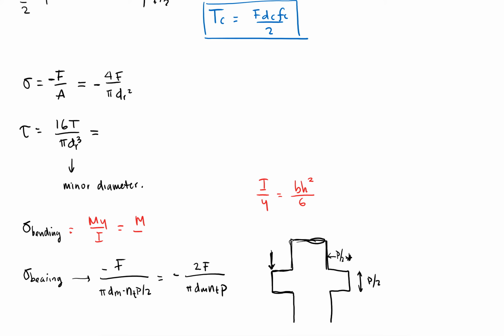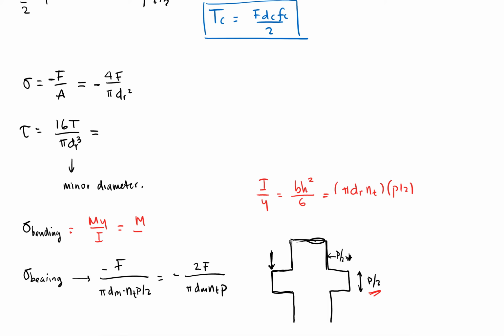And I identify that the base is again the circumference, pi dr times the number of threads, and then the h is p over 2. This is h right here.